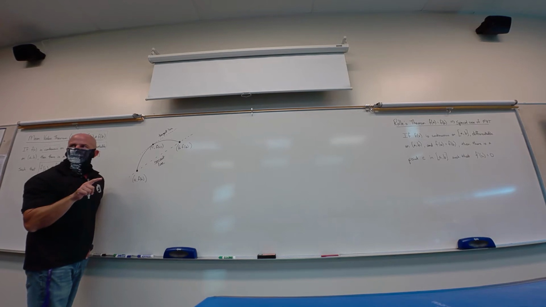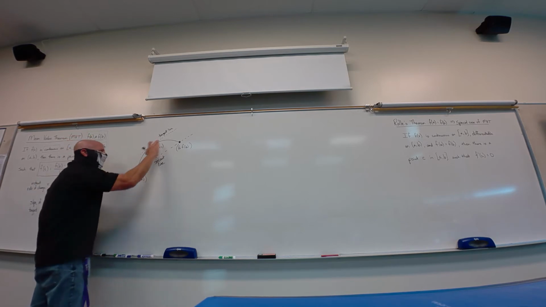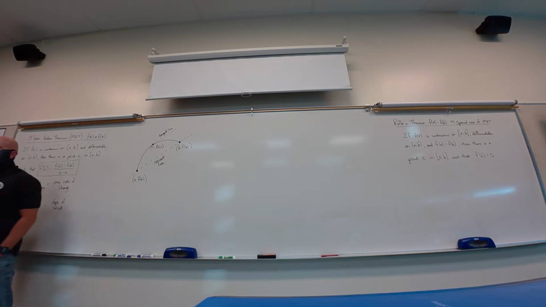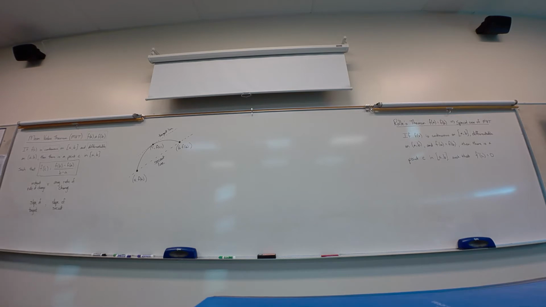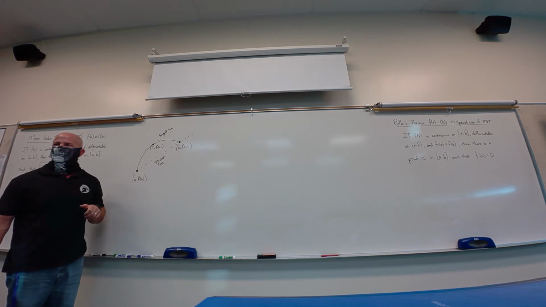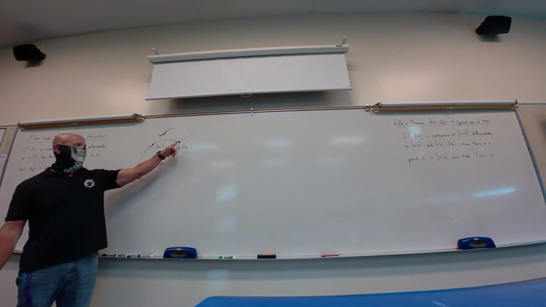Everybody agree with that? So wouldn't you say there's way more positives than there are negatives? If you're going to average a bunch of things with positives and negatives, and there's way more positives, wouldn't the average be positive? Makes sense, right? This is the average. Secant slope. This is the average rate of change.